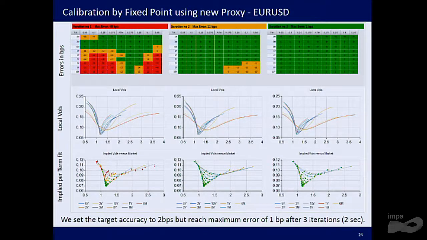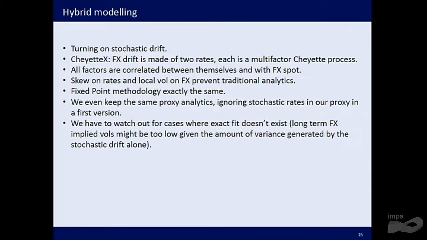You can see the local vol is quite nicely behaved, because we chose an interpolated local vol that we fully control. So you can choose piecewise linear. Here it's slightly smoother than that, but we completely control that form. And we have a perfect match after 3 iterations.